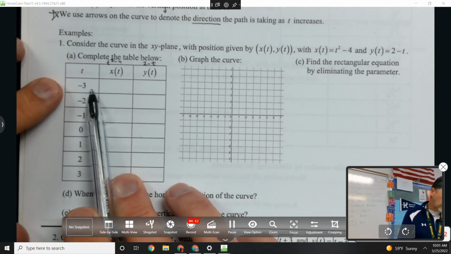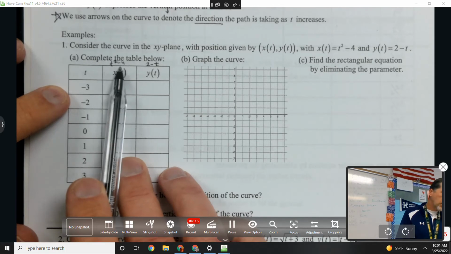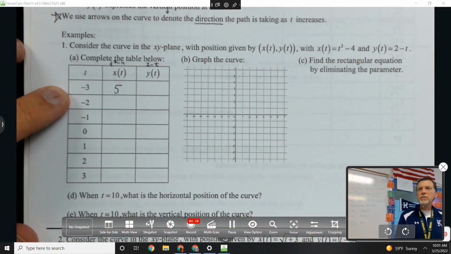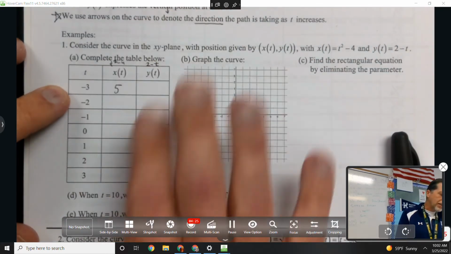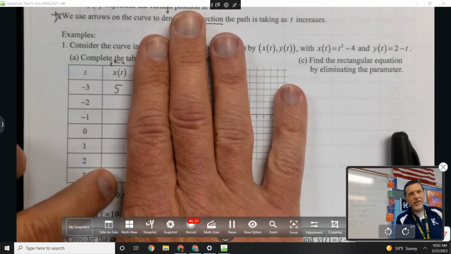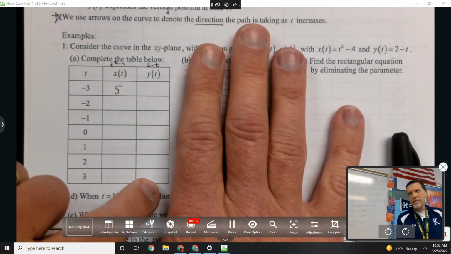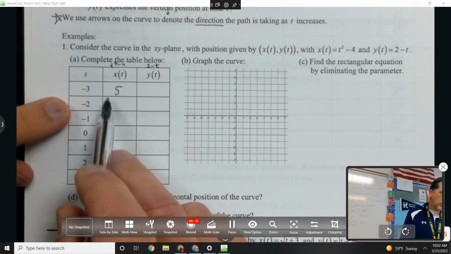All right, so let's do this. If t is -3, -3 squared minus 4, 9 minus 4 would be 5. For filling out the table, it's probably easiest to find all the x's first. That way you're working with one equation, and then find all the y's. That way you're working with one equation. I think it's less likely to get confused.